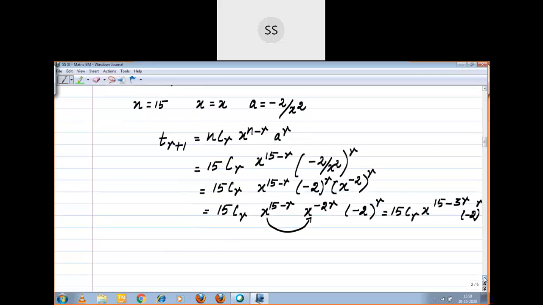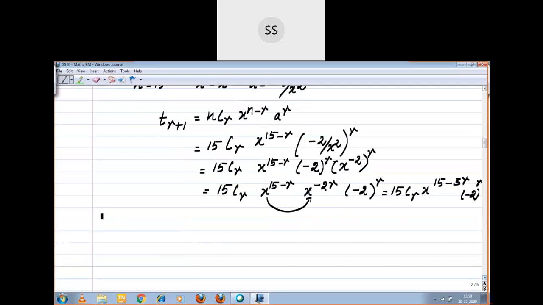Since the term is independent of x. Independent of x means I have discussed, right?